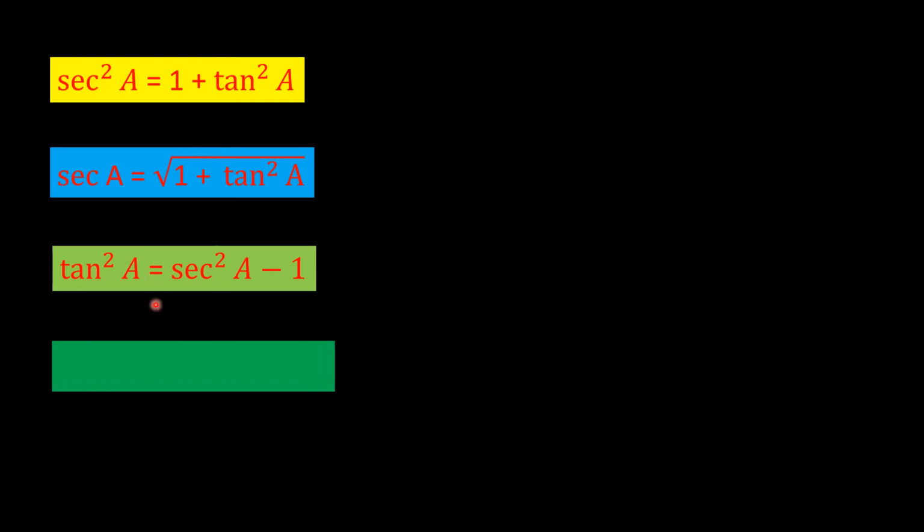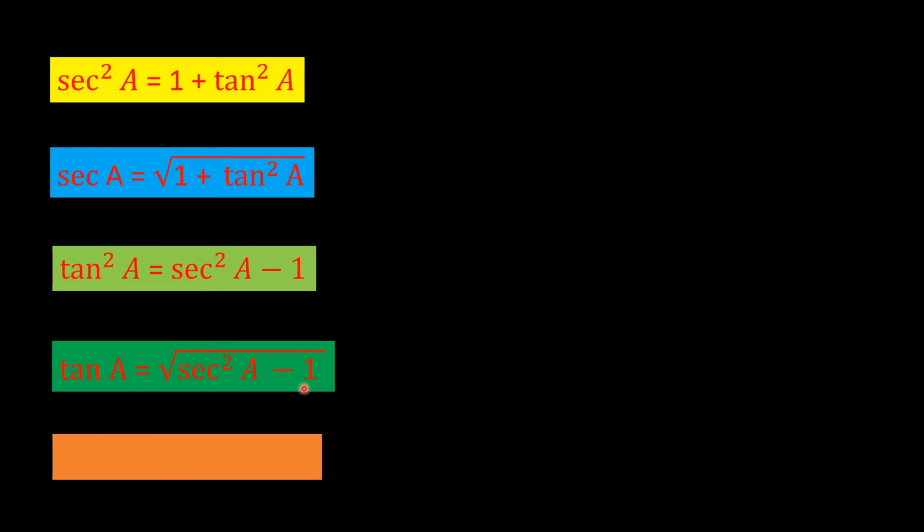Now we can take square root on both sides and write tan a equals under root sec square a minus 1. And finally, we write the last version as sec square a minus tan square a equals 1. In this, we have taken this tan square a on the left hand side.